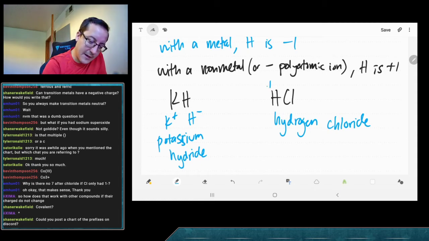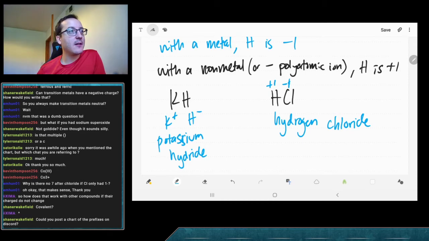Because hydrogen is plus 1, chlorine is minus 1. Some of you may think hydrogen is a non-metal. Why aren't we calling this hydrogen monochloride? It's because hydrogen is a special element. We will pretend it's a metal.